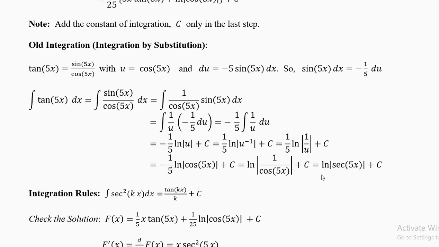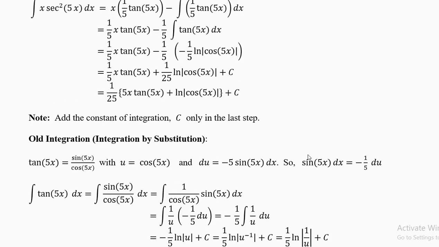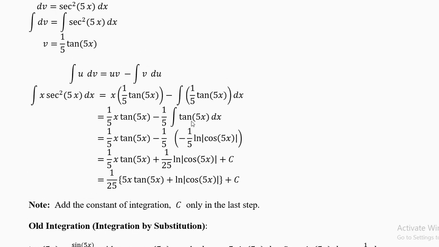You can do that if you so wish. Okay, I'll be doing it in one of the questions. Now your answer, for the logarithm tangent 5x, is minus 1 by 5 logarithm cosine 5x, and you have to put the absolute value because the argument of the logarithm has to be positive over the real numbers.